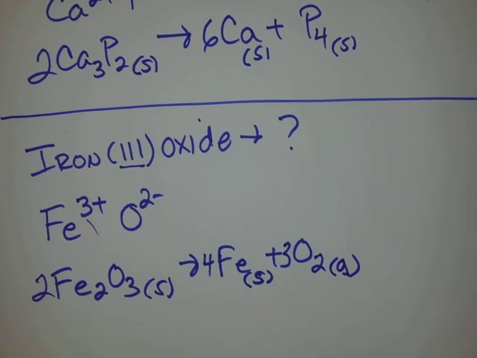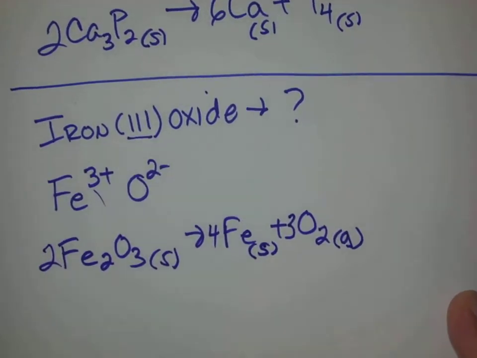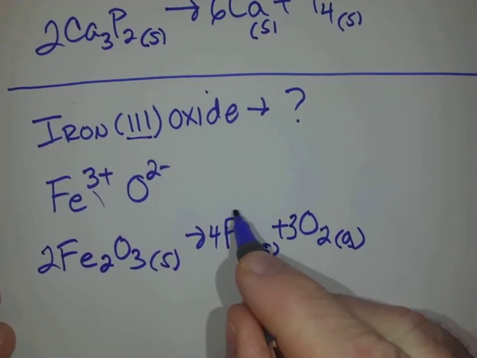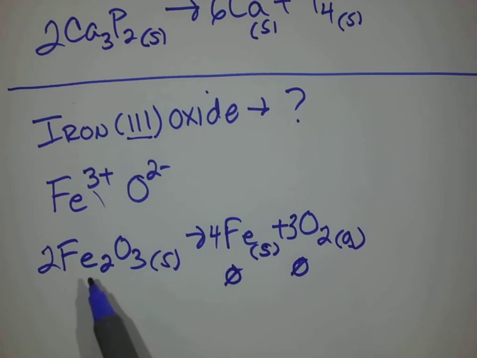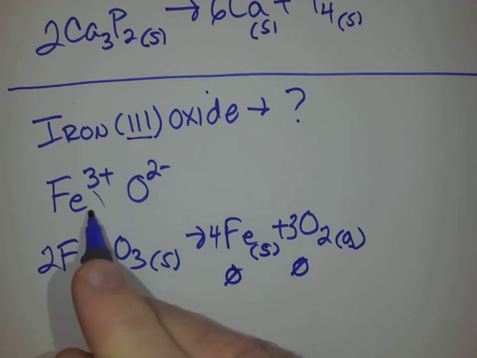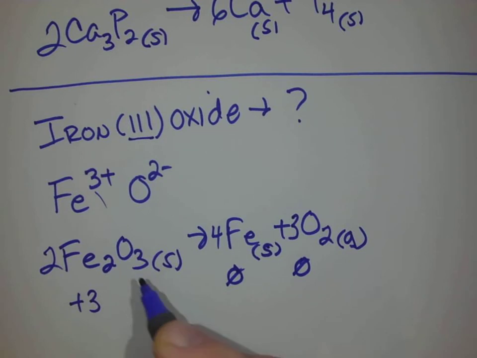Now, if you talk about the oxidation numbers, any element has an oxidation number of 0. For a monoatomic ion, the oxidation number is going to equal its charge. So iron's oxidation number is +3.